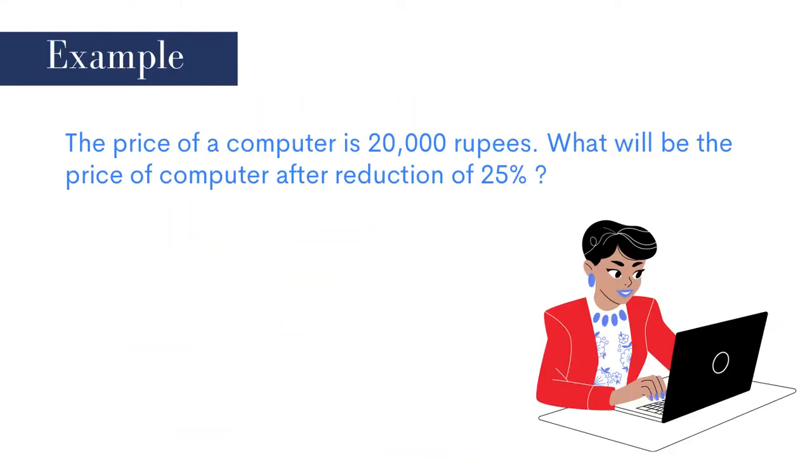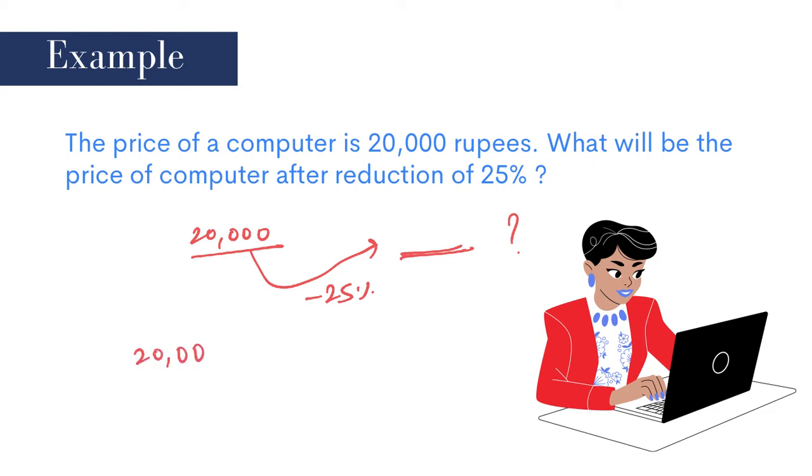Take one more example. In this example, the question is saying the price of a computer is 20,000. What will be the price of the computer after a reduction of 25%? So the computer price is 20,000, and after 25% reduction, it is asking what will be the price here. So the number is 20,000, and how much percentage is it decreased? 25%.